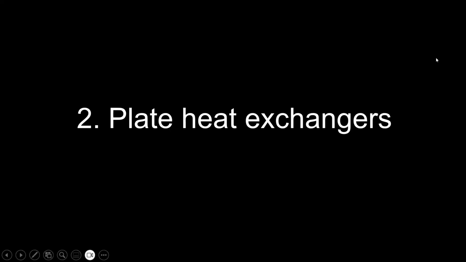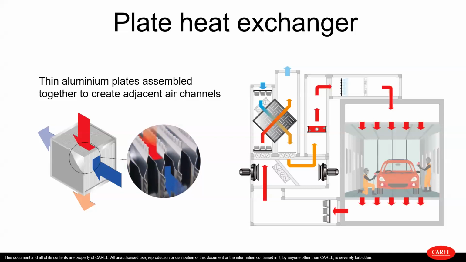As Luca already anticipated, there is a component inside the system able to recover energy. This is the heat recovery component, and specifically, one type of this heat exchanger is the plate heat exchanger. The plate heat exchanger is a heat recovery component, as said, which is made of thin aluminum plates.